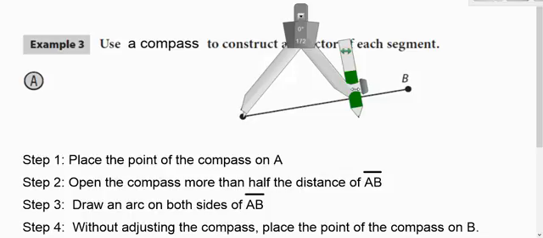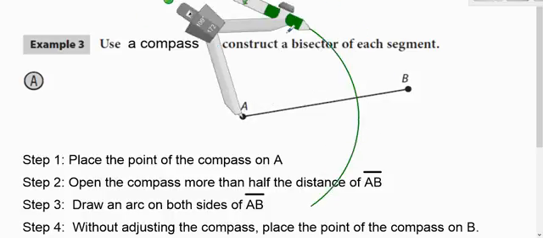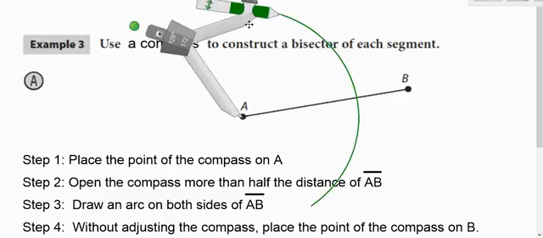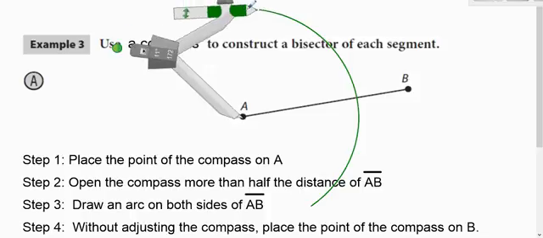I like to go about 3/4 of the way because that's always more than half. And you're going to draw an arc on both sides. So we're going to do one arc up at the top and one arc down below. Or you can just make pretty much half a circle. If you don't want to pick up your compass, you can just do one big half circle.